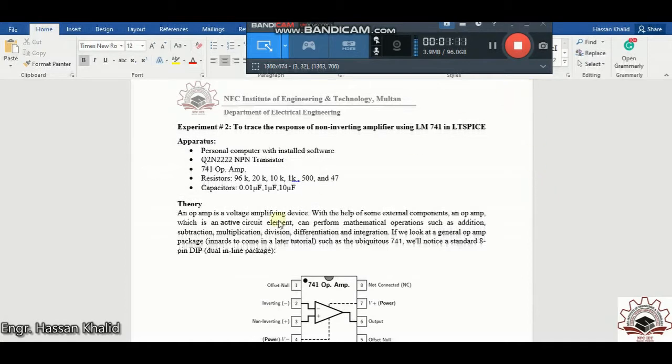Very few things are required in today's experiment: the feedback resistor, the input resistor, and the universal op amp IC.